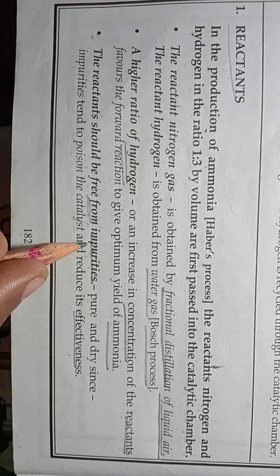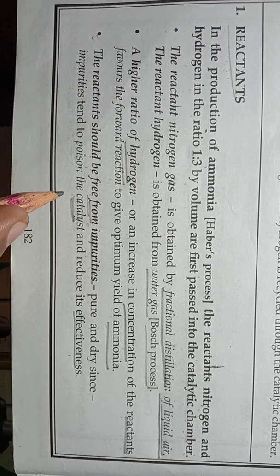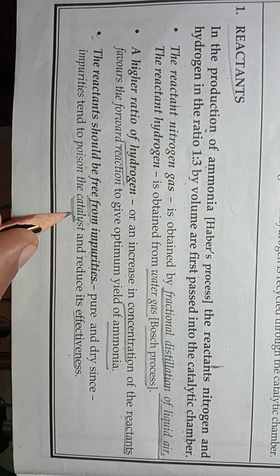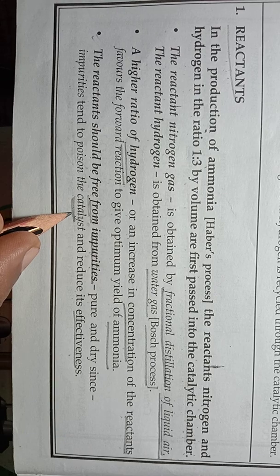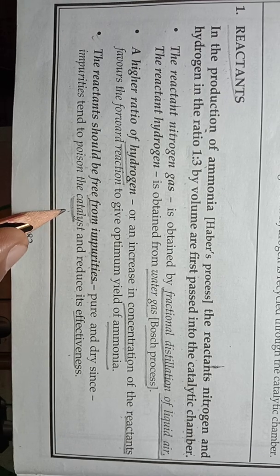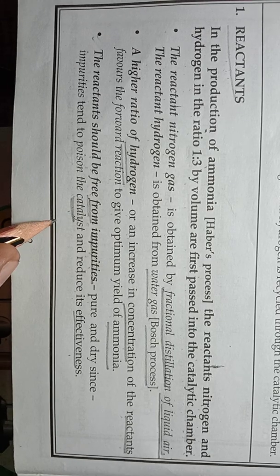Why? Because these impurities will poison the catalyst, and that is why the activity of the catalyst will decrease and the catalyst will not effectively enhance the rate of the reaction. Okay, so come to the next page.